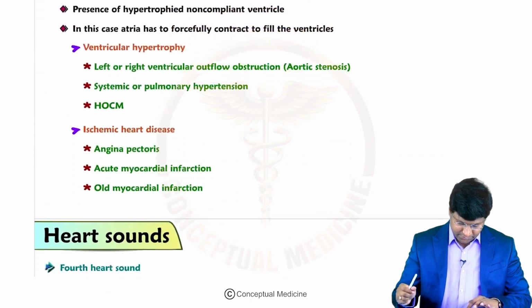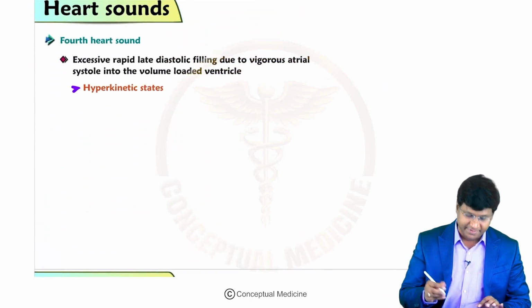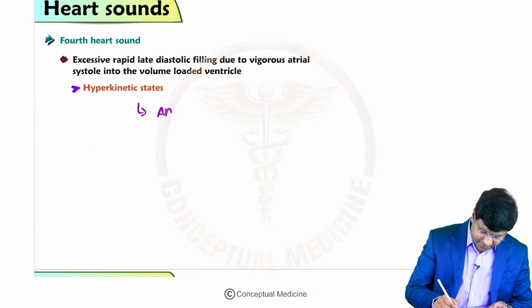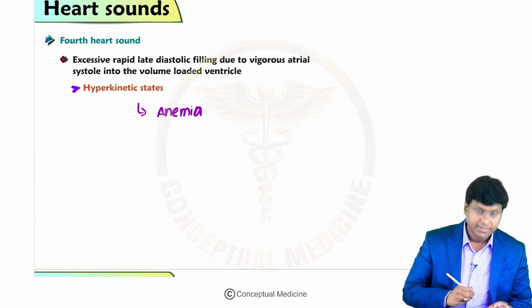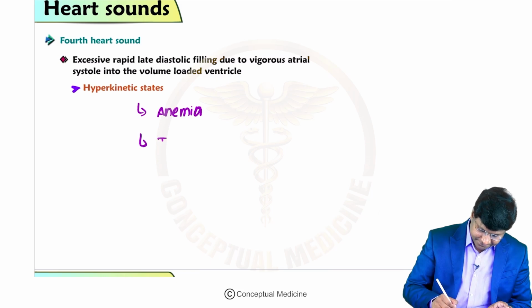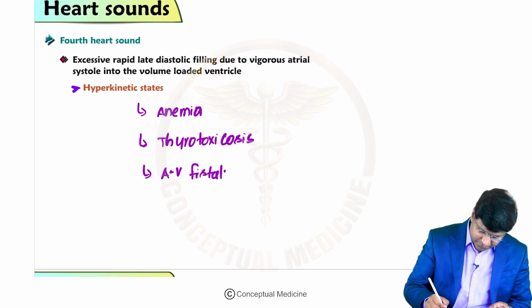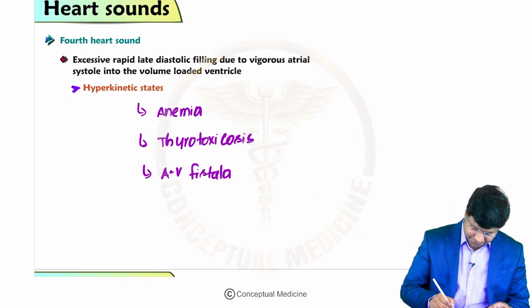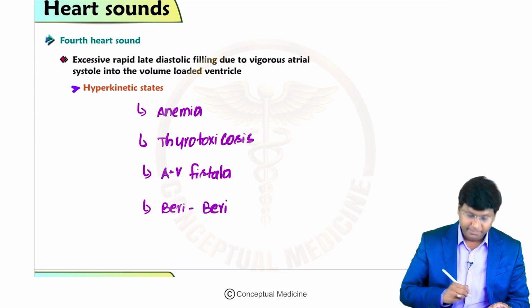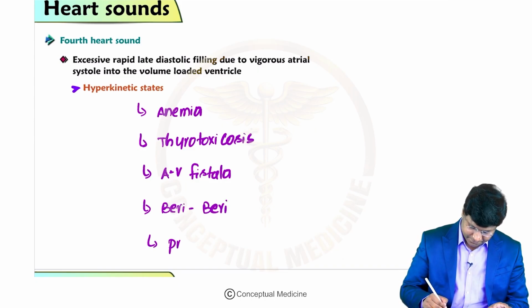Next, you have the presence of S4 in all the hyperkinetic states, that is in patients with anemia, thyrotoxicosis, AV fistula, beriberi, and pregnancy.